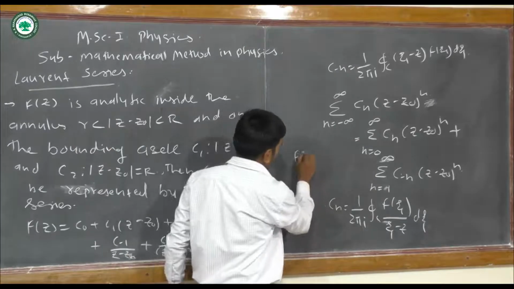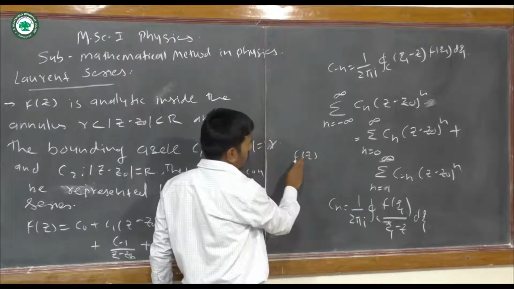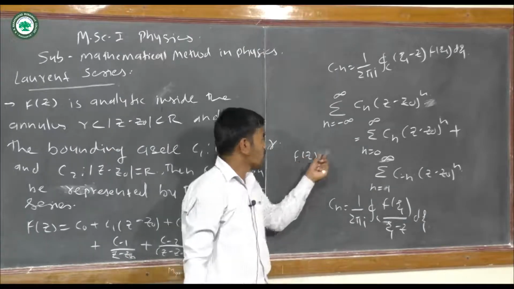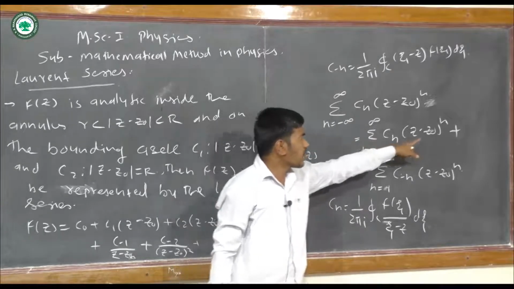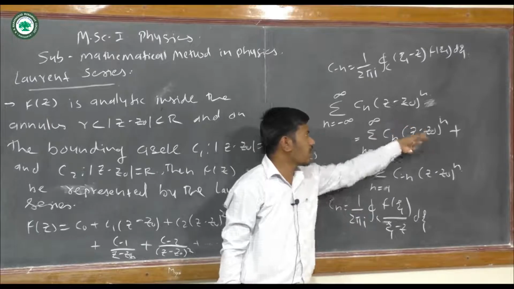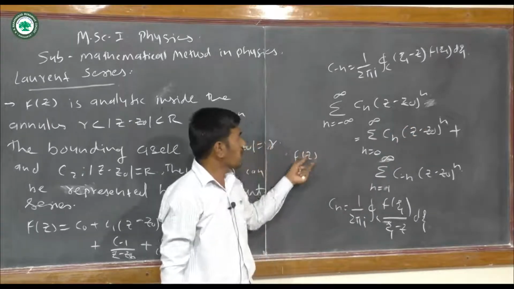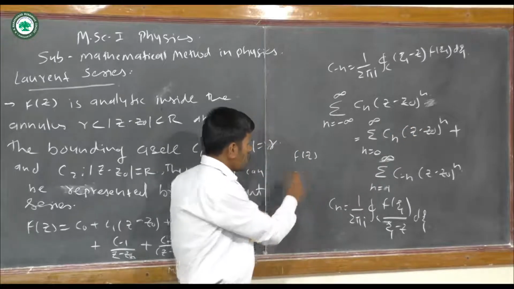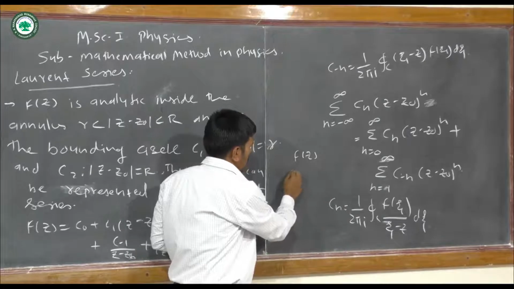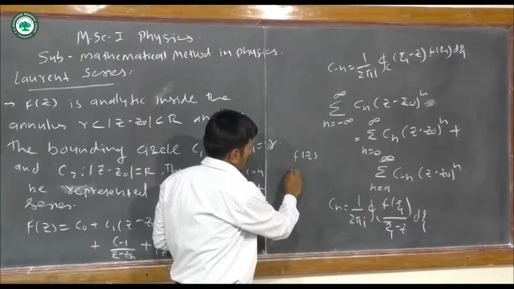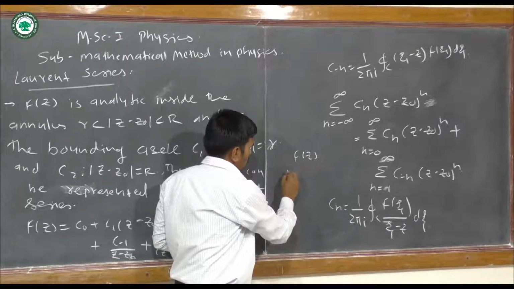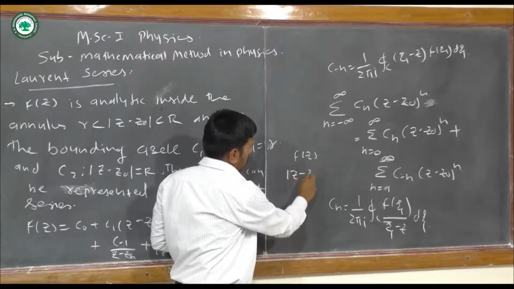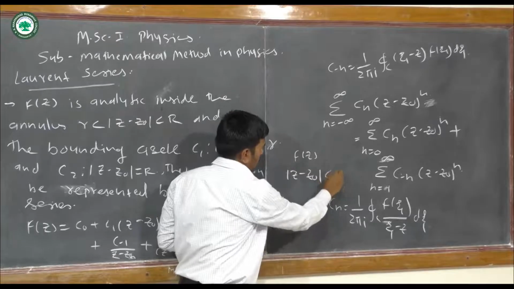If we expand around z naught, the series converges in a region given by the radius of convergence, that is, the absolute value of z minus z naught is less than r.